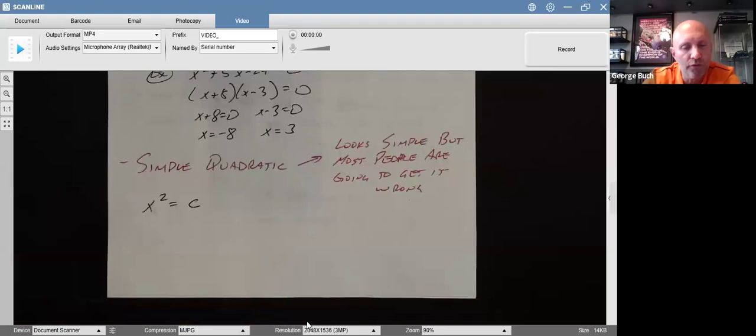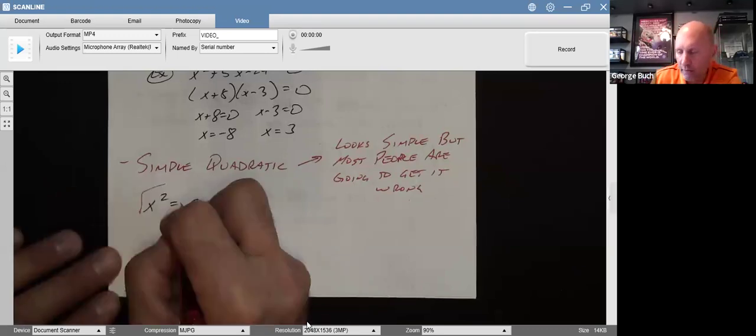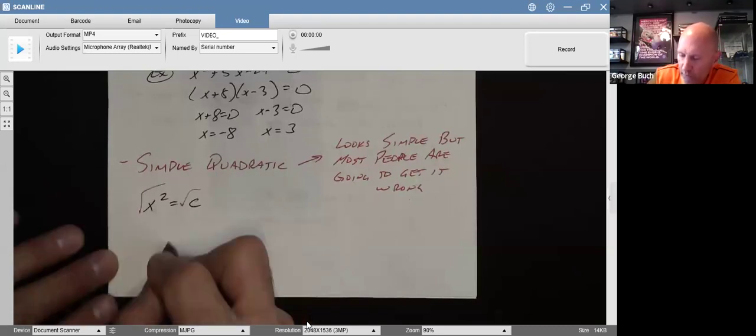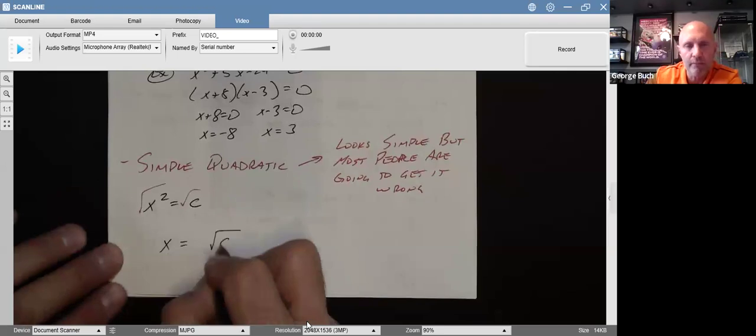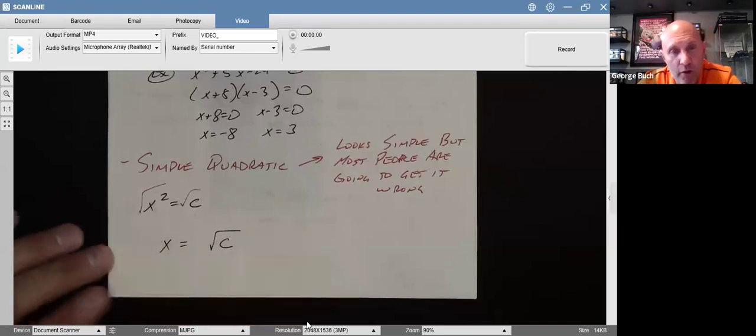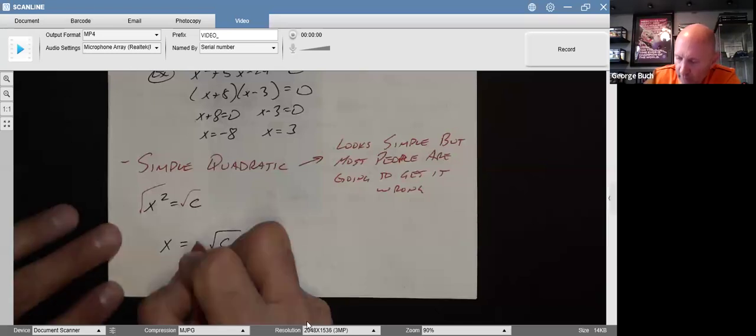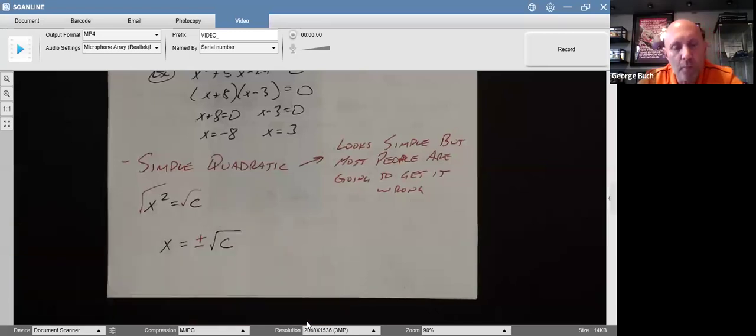x squared equals c. So it's like, okay, how do I get x by itself? Well, I would take the square root of both sides. So, okay, the answer must be x equals square root of c. And that's why I call it looks simple, but everybody's going to get it wrong. Because it's not x equals square root of c, it's x equals plus or minus square root of c.